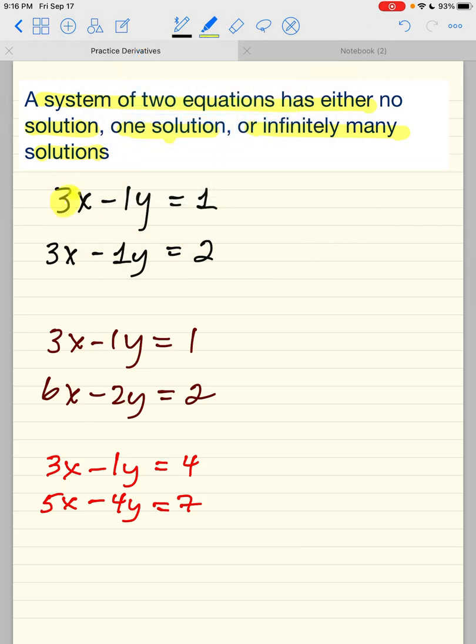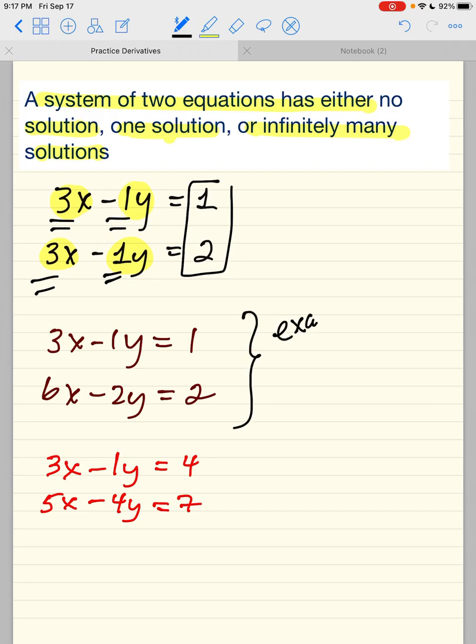This has the same number in front of the x and the same number in front of the y, but their starting point is different. So these will have no solution. This here is actually exactly the same. If you multiply this by 2, you would get exactly this. Therefore, this has infinitely many solutions.